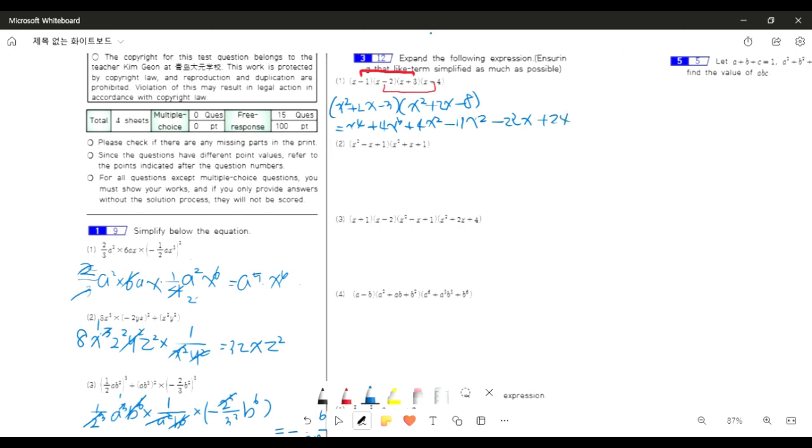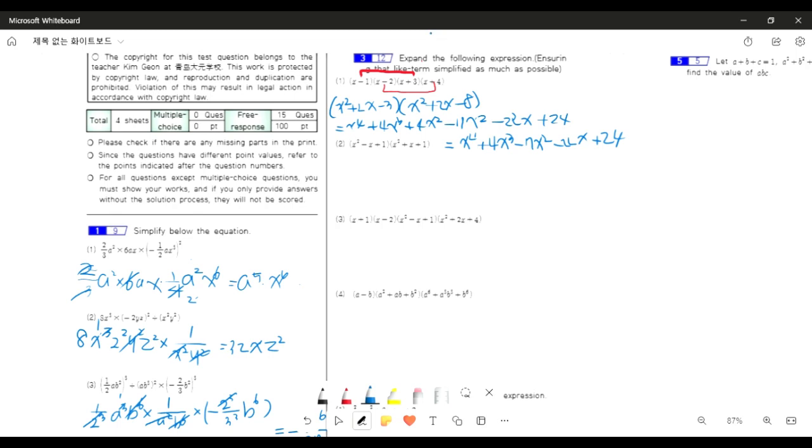So merging the like terms, the result is x to the fourth plus 4x cubed minus 7x squared minus 22x plus 24. And the second is okay.